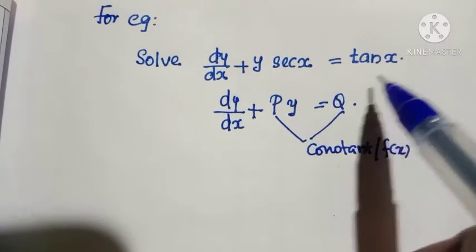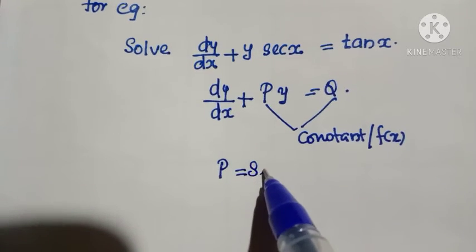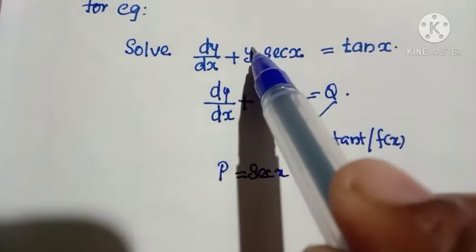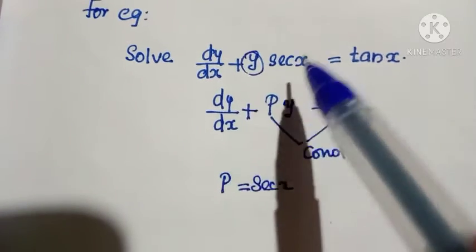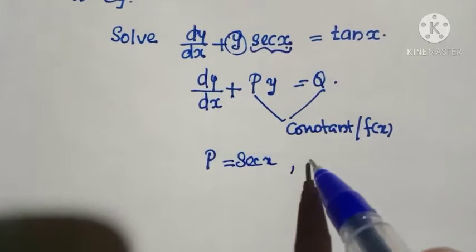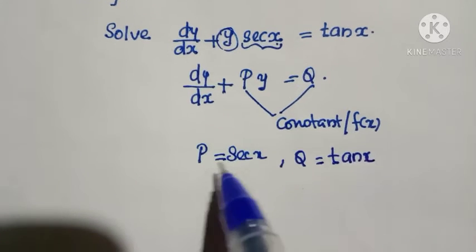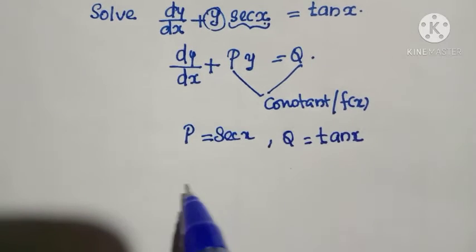Comparing the two equations, p is sec x and q is tan x.